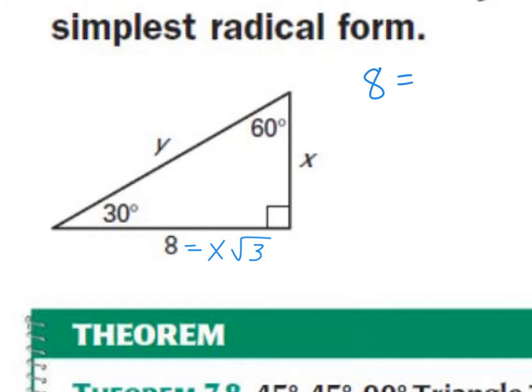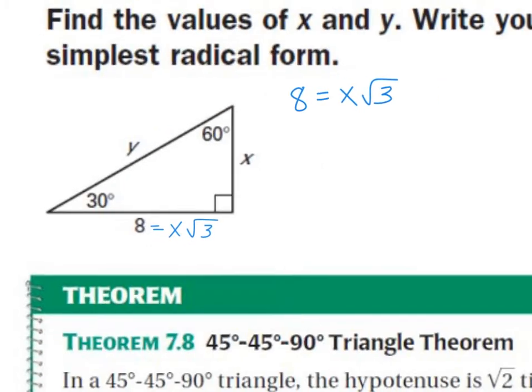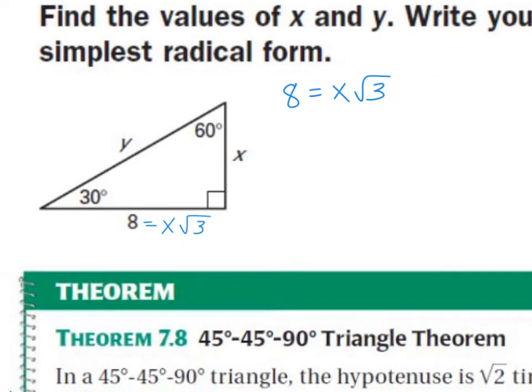It's not necessarily a hard equation to solve. You got to divide by root 3 to get x alone. So that'll cancel out these root 3's. So you get x to be equal to 8 over square root of 3.